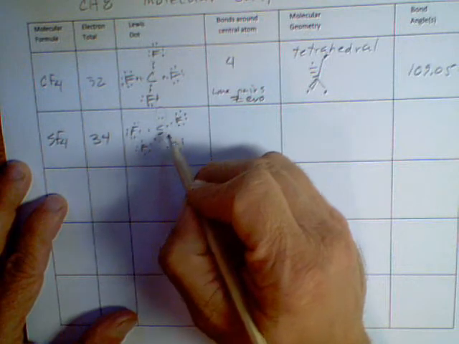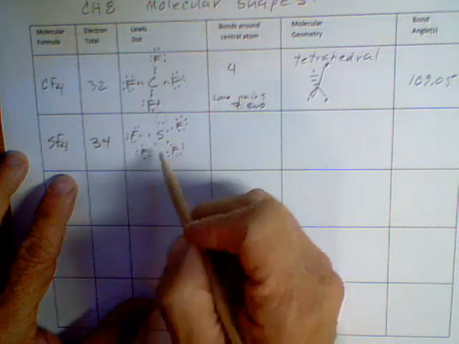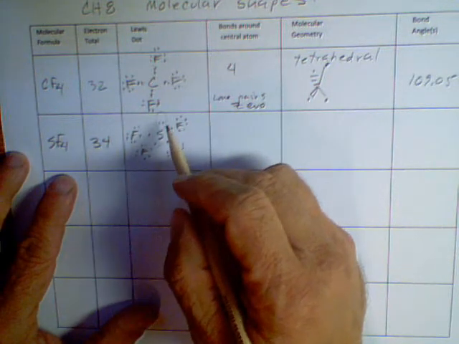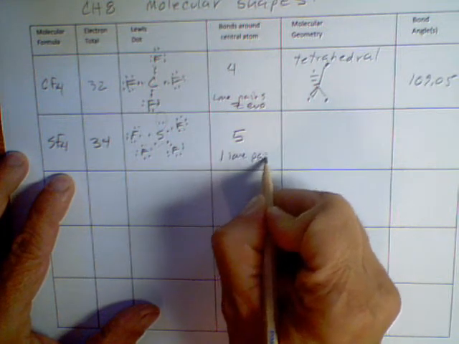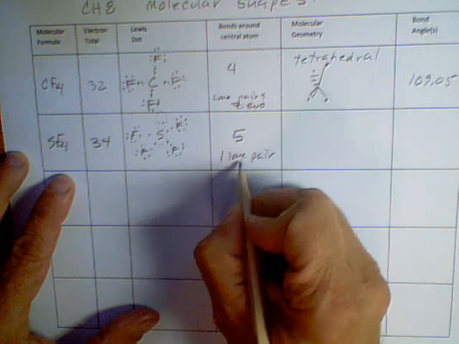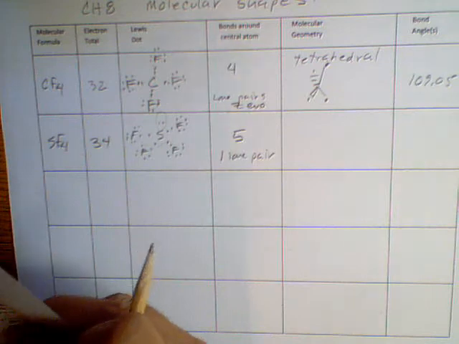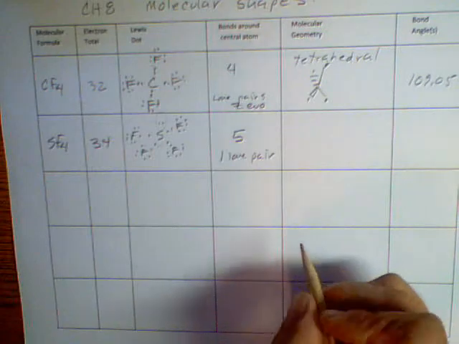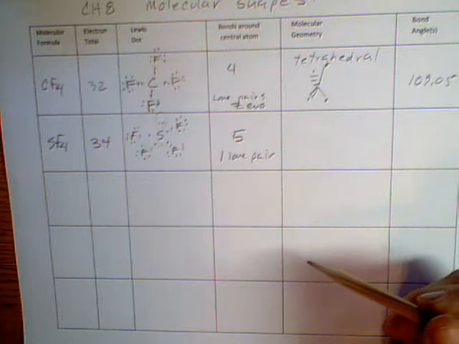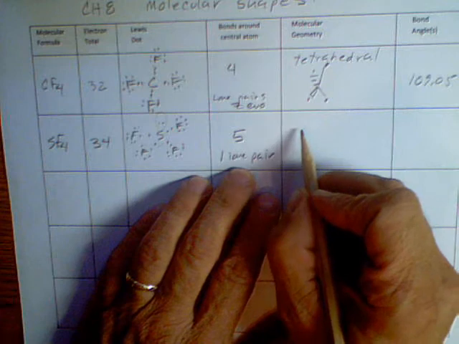So we have a total of 1, 2, 3, 4, 5 is the steric number, or the total number of bonds around our central element. And with 5 and 1 lone pair of electrons, we look on our grid, or we just try and put to memory that if you have 5 with 1 lone pair, it's seesaw shaped. And this grid I could give you. It's available online. I also put it together in class for you.